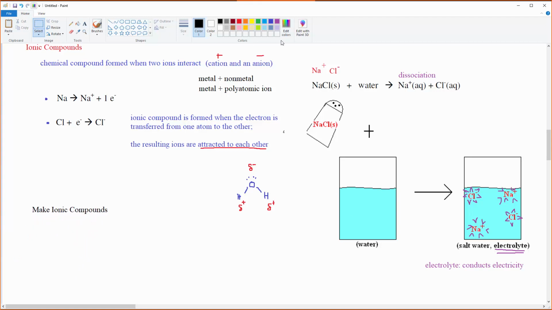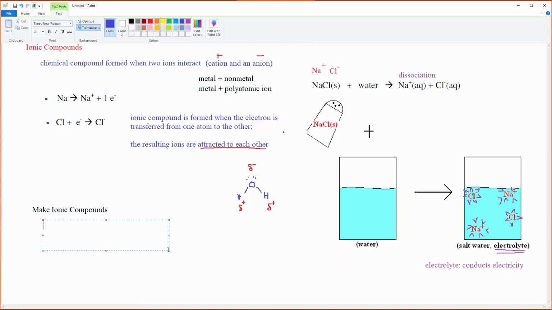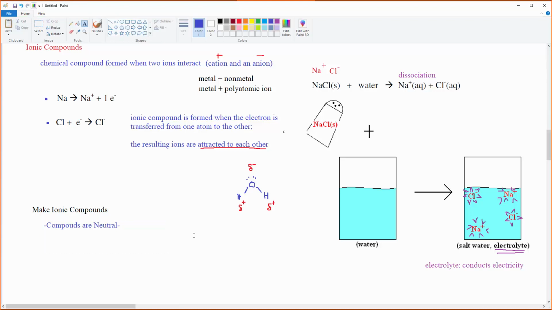And there is one rule to making ionic compounds. Actually, there's a few, but there's one overarching rule that's very important, which is that compounds are neutral. If I have a charge, I am still an ion. So if I'm going to make an ionic compound, I have to make sure there are no charges left over when I bring these charges together.